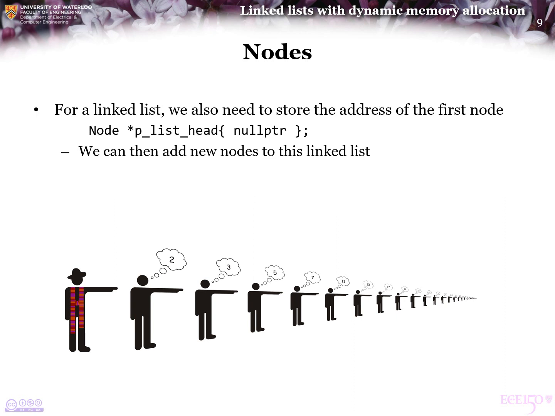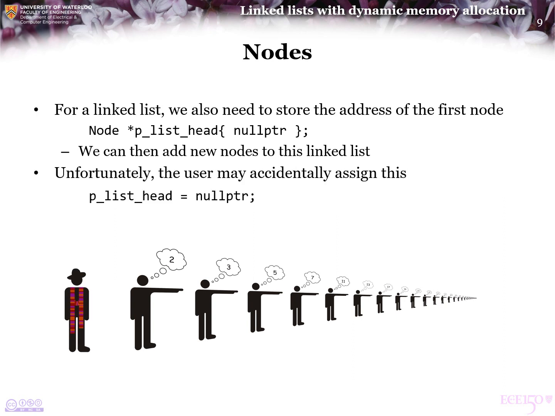The problem is, if the pointer to the list head is a local variable, that means that a user may accidentally assign to that local variable, say, null pointer. So all of a sudden, we have lost the address of the first node in the linked list.